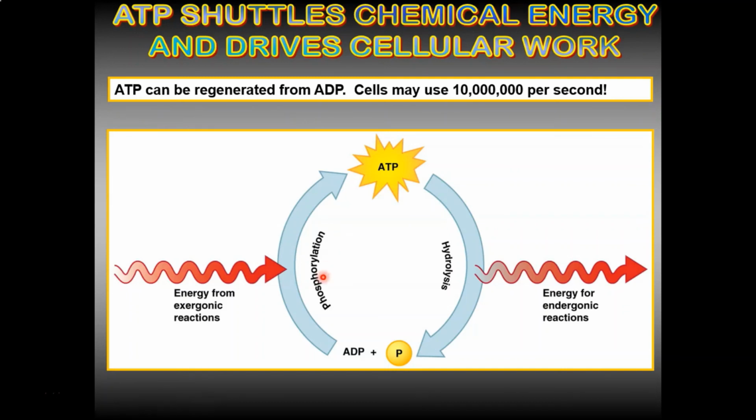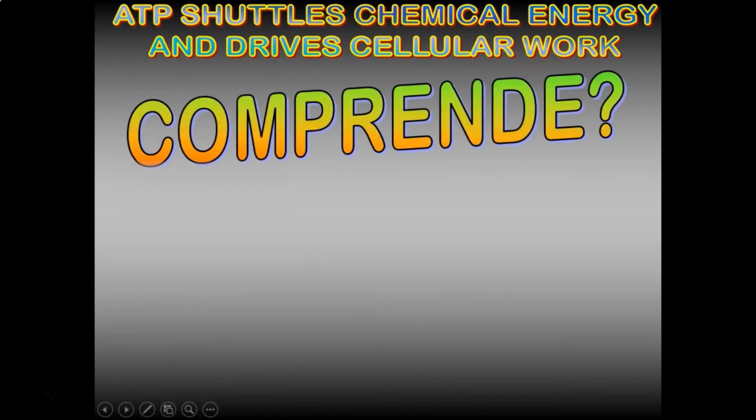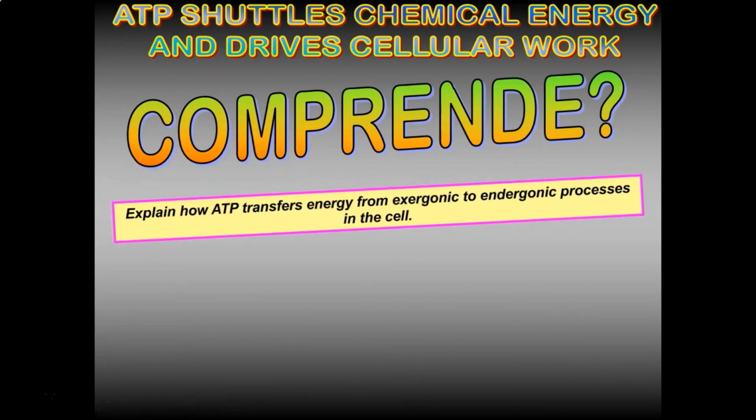Well, so we can phosphorylate our ADP, right? We can put the P back on there, but that took energy, right? So we had to couple it. We have energy coming into our system, and you'll learn how that happens soon. And now we got our ATP, and what was the whole point of doing ATP? Well, so we can break it down and put that energy into other reactions that need it, right? So it's all one big system, right? That's your metabolism. So comprende.